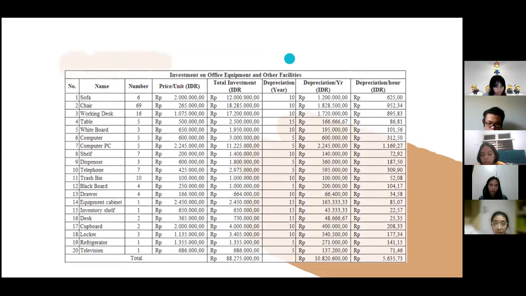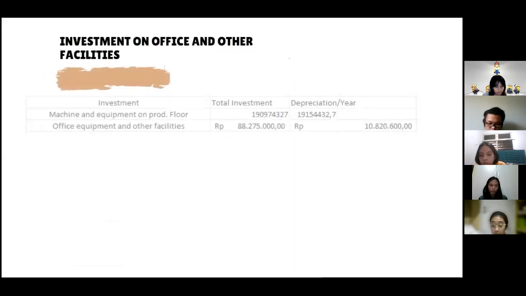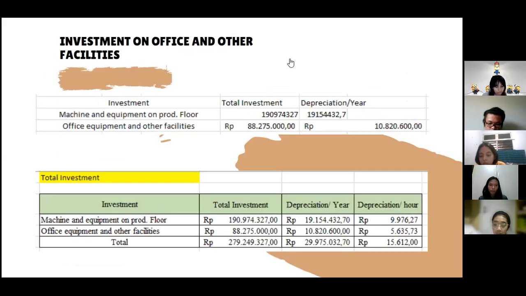This is investment on office and other facilities, continued. The names are the same as the numbers from Project 3. For price per unit, we assume, and the rest is the usual calculation. The investment is listed until office equipment and other facilities. The total investment is around 19 billion rupiah, and depreciation per year around 1,900,000 rupiah.